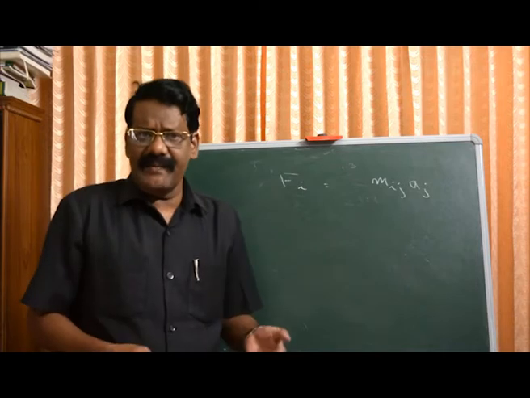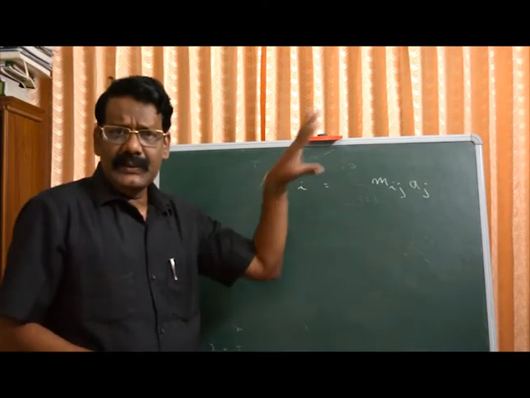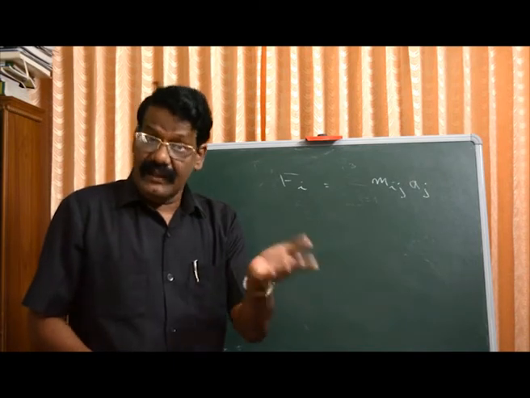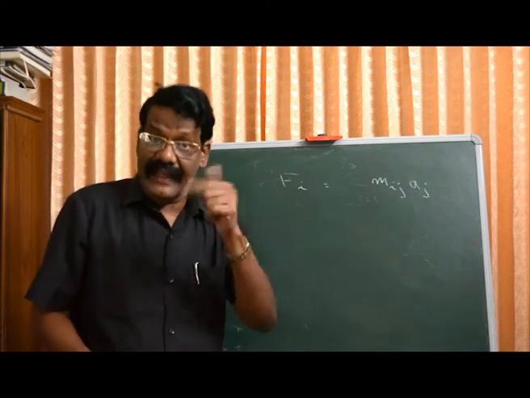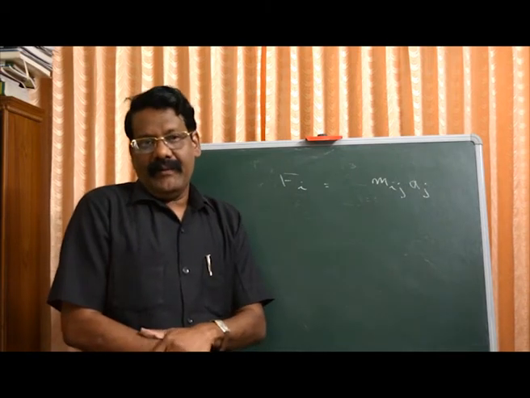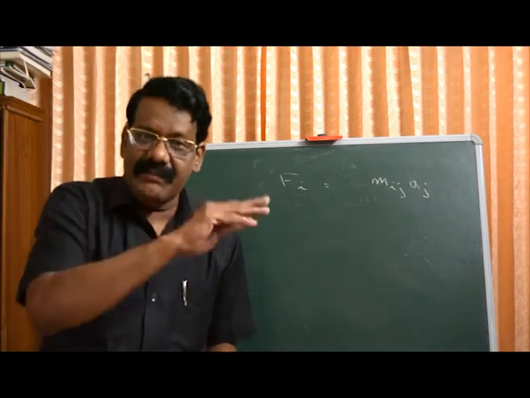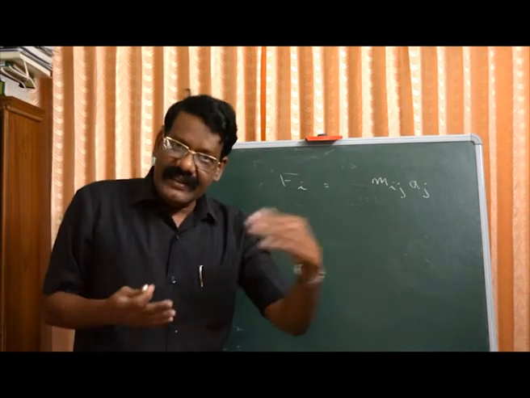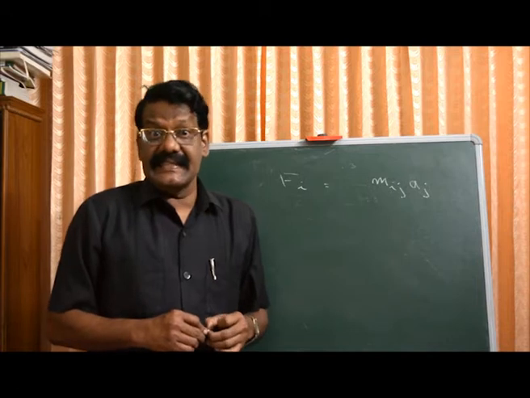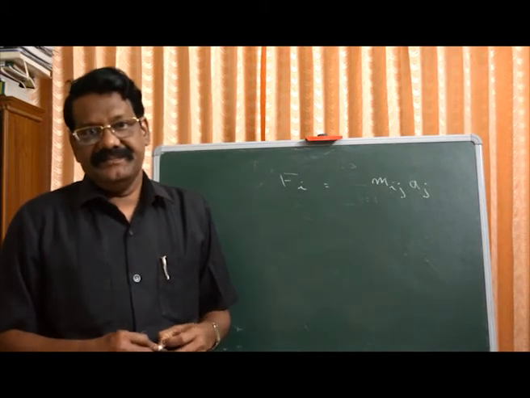If we are dealing with 2 dimensions, j runs from 1 to 2. If we are dealing with 3 dimensions, 1 to 3. If we are dealing with 4 dimensions, j runs from 1 to 4. If we are dealing with n dimensions, j runs from 1 to n. So the dropping of the summation or the domain is called Einstein's summation convention.